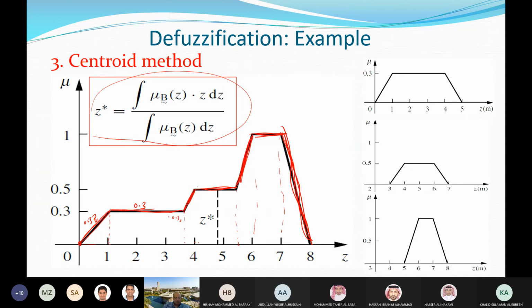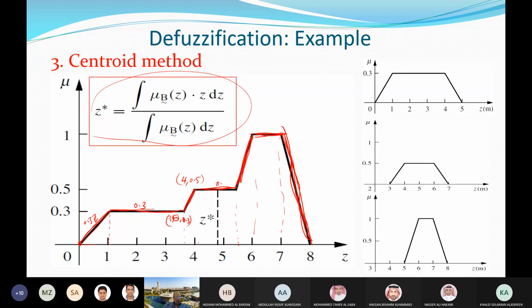This is equal to 3.6, for example, with 0.3, and this point is 4 and 0.5. Based on these two points, you can write the straight line equation, right?